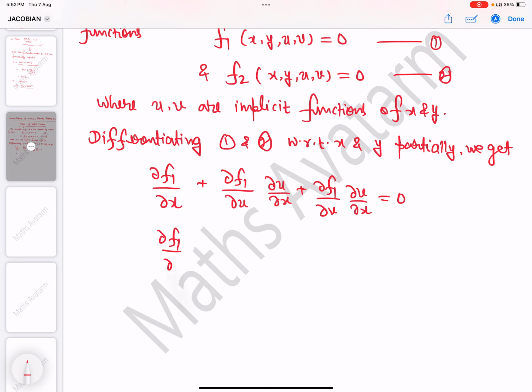Del f1 del y plus del f1 del u del u del y plus del f1 del v del v del y is equal to 0.